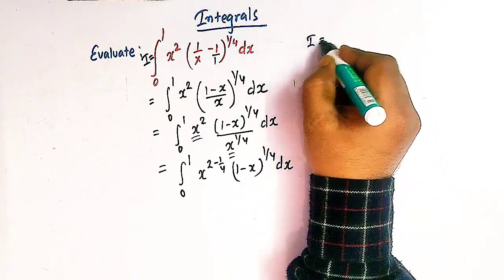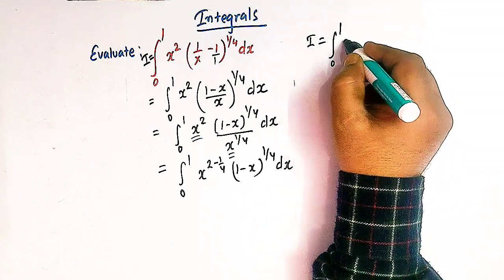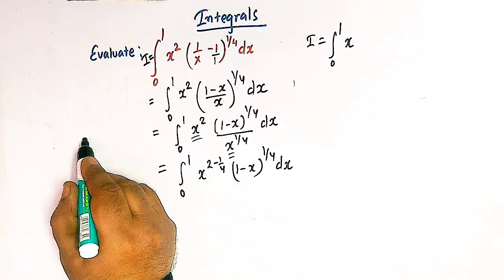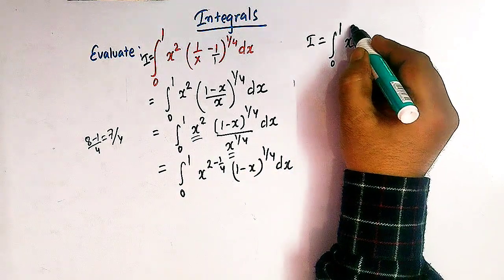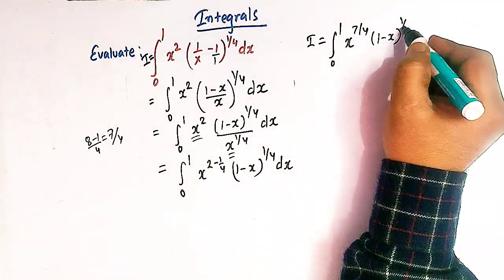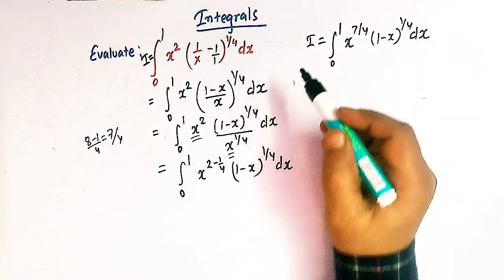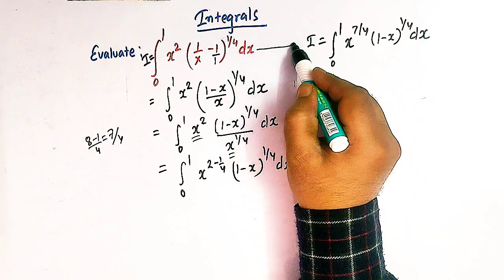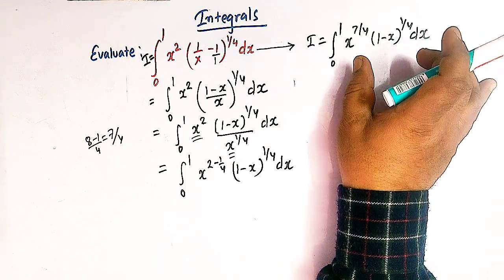Now we can rewrite this integral as 0 to 1, x raised to 4 times 2 is 8, minus 1 over 4, that is 7 by 4. So here we have x raised to 7 by 4 and (1 - x) raised to 1 by 4 dx, right?